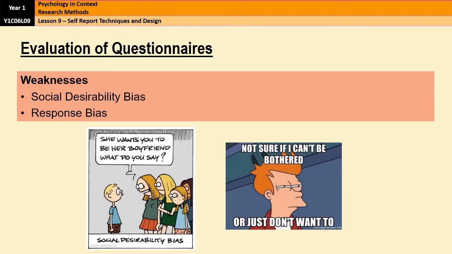And they might do that without actually reading the question, because either they get bored or they don't read the question properly, so they just assume that that end of the scale always applies to them. Obviously there's a problem there because then the responses may not actually be accurate and may not actually reflect the participants' opinions and the participants' thoughts and views and so on. Okay, so that's called a response bias.